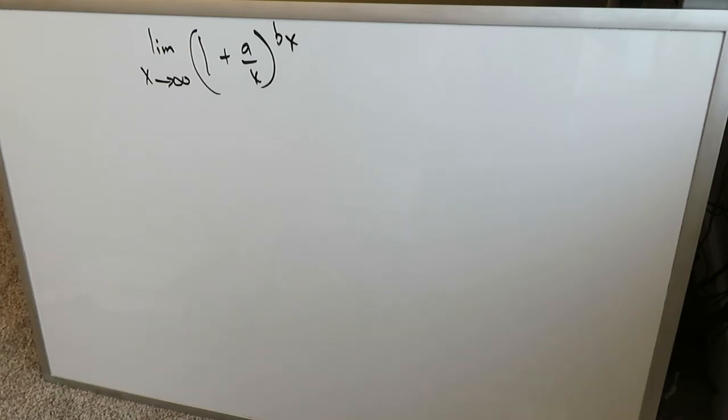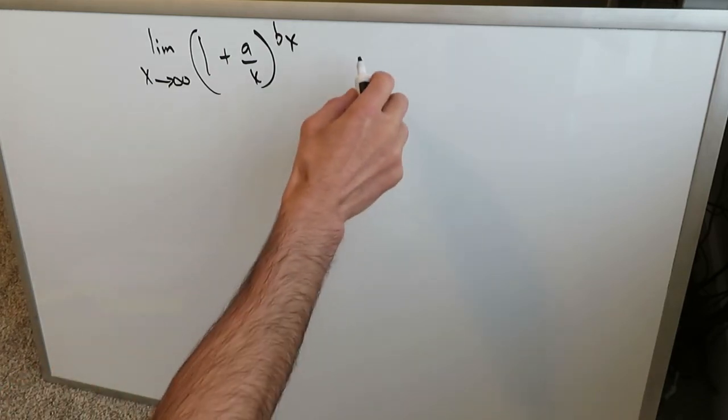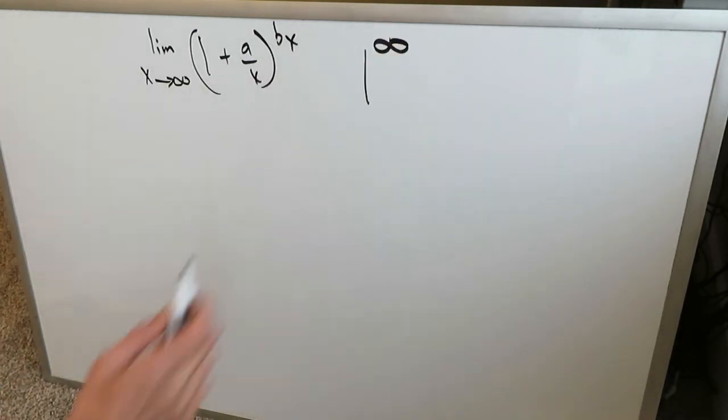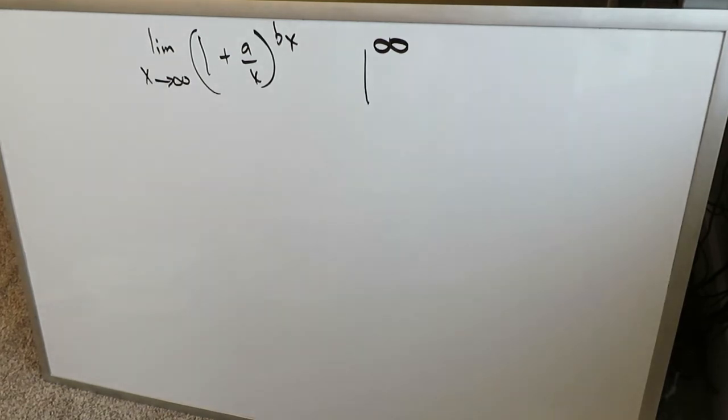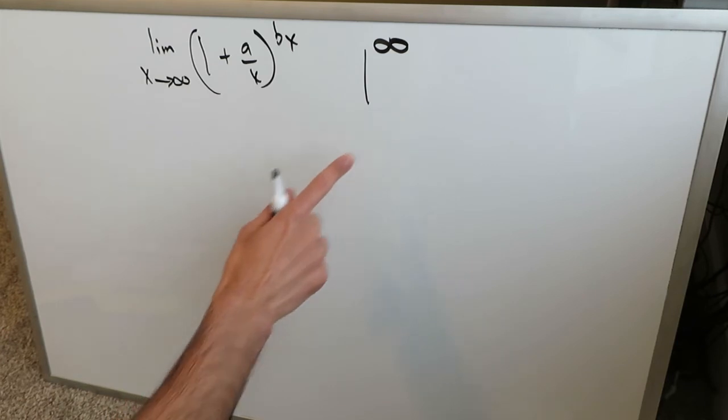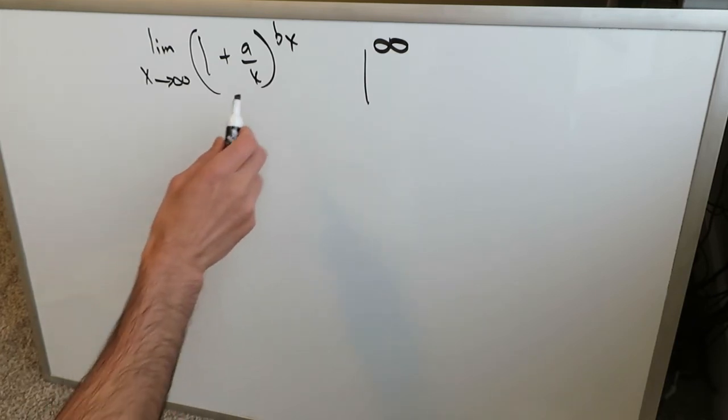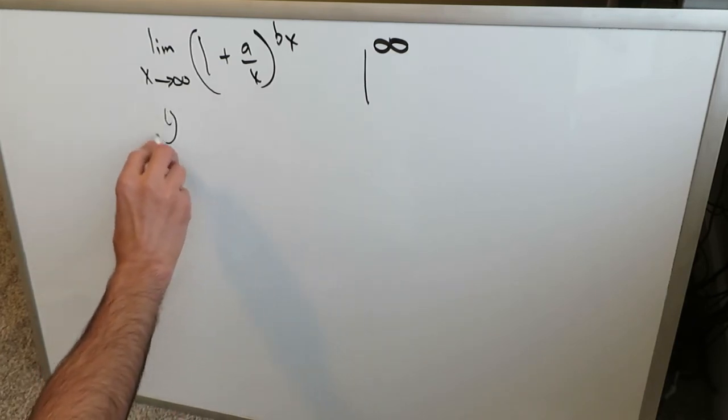When you plug infinity into your question, you zero out the a over x. What you are essentially left with is an indeterminate power type of 1 to the power of infinity. And when you're dealing with indeterminate power types, you have to be thinking about converting this into an indeterminate product type. You can do that by invoking the natural log rule.